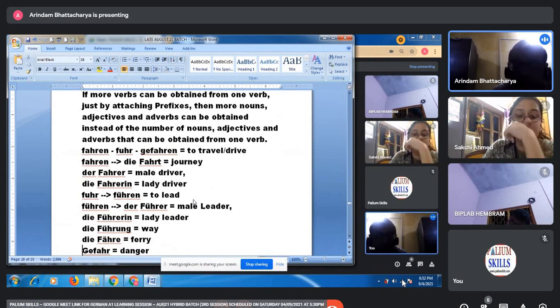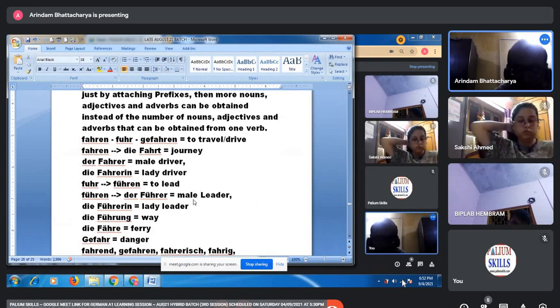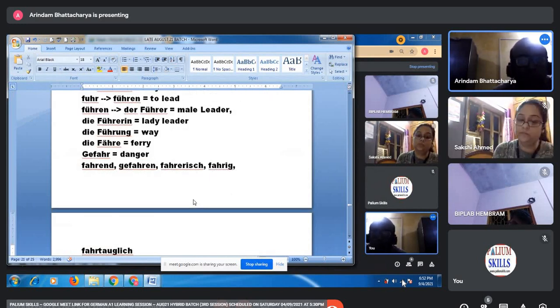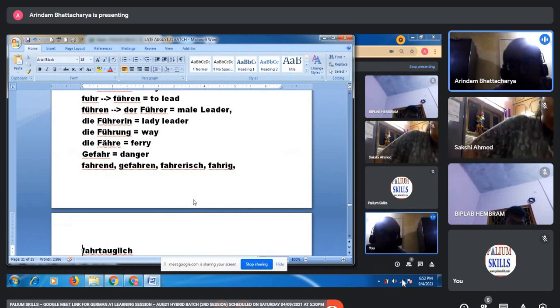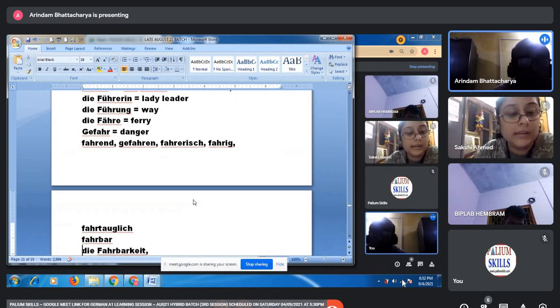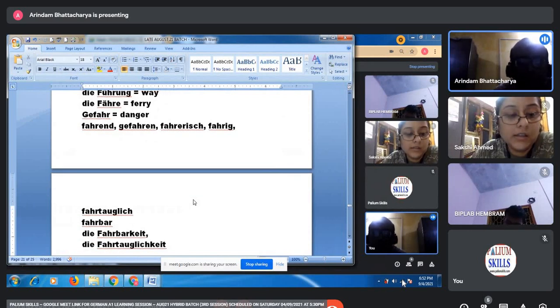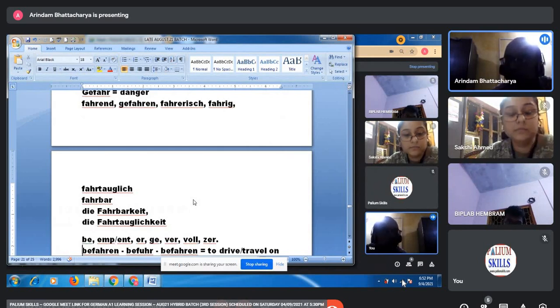Gefahr means danger. So ge is a prefix, I told you. Gefahr means danger. Fahrend, gefahren, fahrerisch, fahrig, fahrtauglich, fahrbar, die Fahrbarkeit, die Fahrtauglichkeit. All of this comes from fahren.